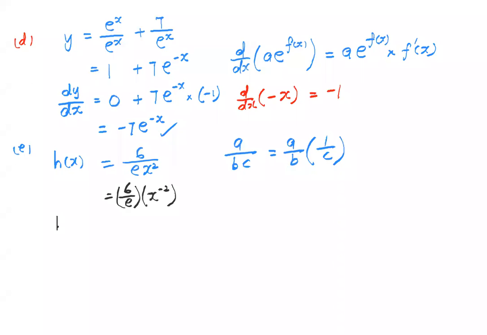So h prime x will be, using the first rule just now, 6 over e times by the power, take away 1. So this is equal to negative 12 over e x cubed. See? You don't have to rush when you find the gradient function. You just make sure you know what to do correctly.